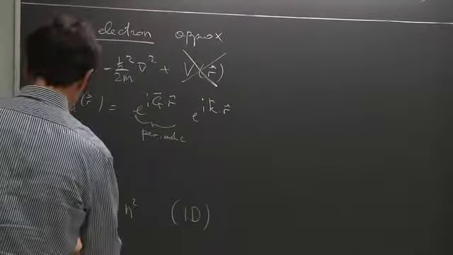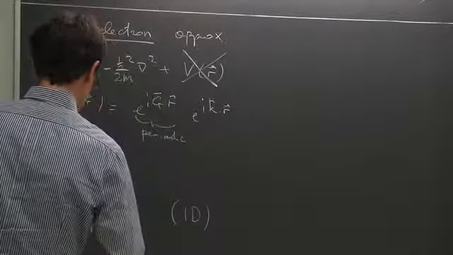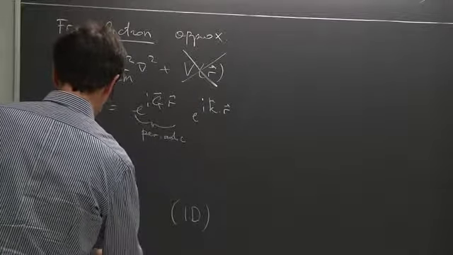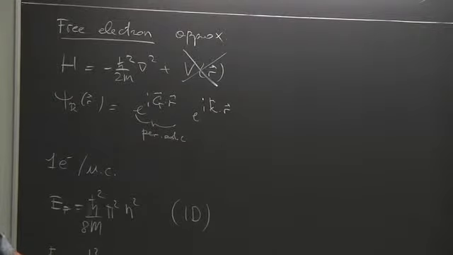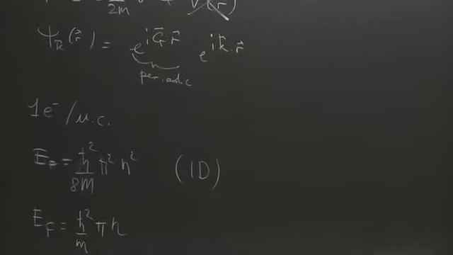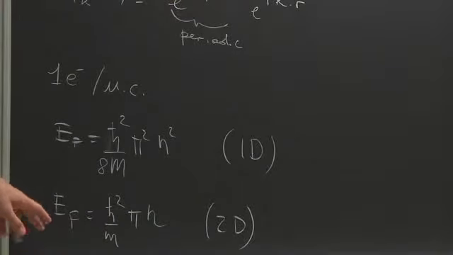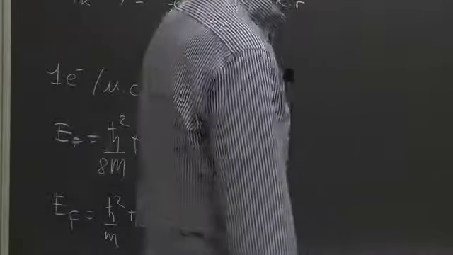And for two dimensions, there's an n. There is again h squared over m, dimensionally. Pi? Pi. Great, thank you. So this is the two-dimensional case. By the way, I invite you to double check in textbooks because I'm not so sure that we did everything properly.